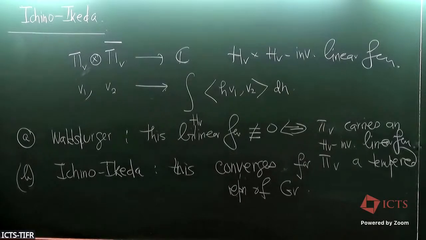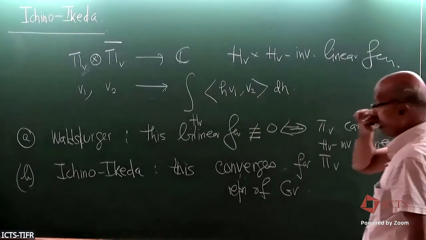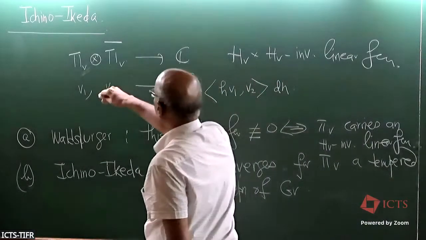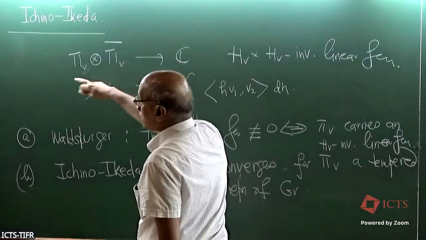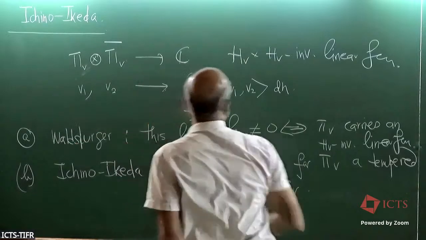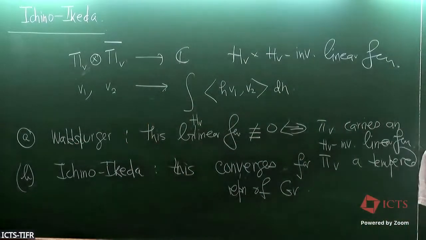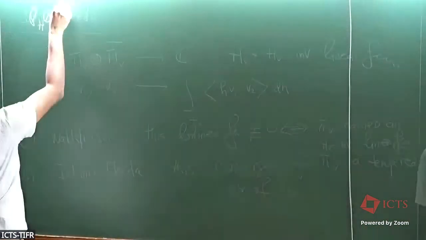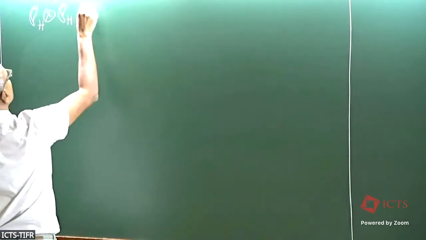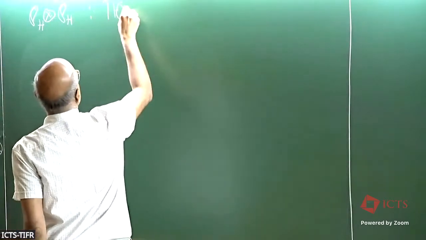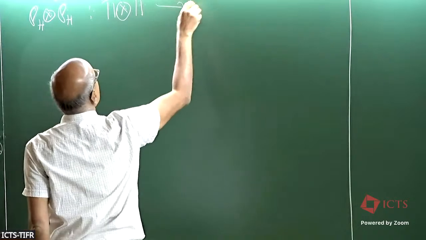So what one is going to do is to relate. Given the period integral pH, one can look at pH tensor pH bar. That is a mapping from pi tensor pi bar to C.